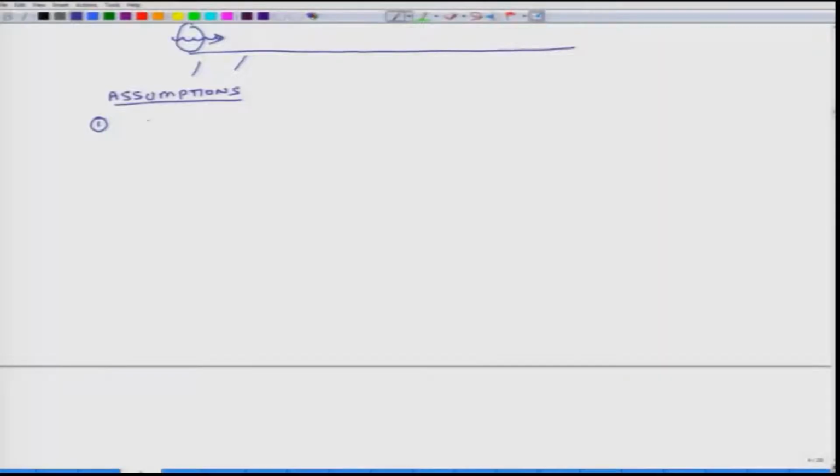So, we assume that pressure fluctuations in air are very small. Okay. Very small compared to what? Relative to atmospheric pressure.